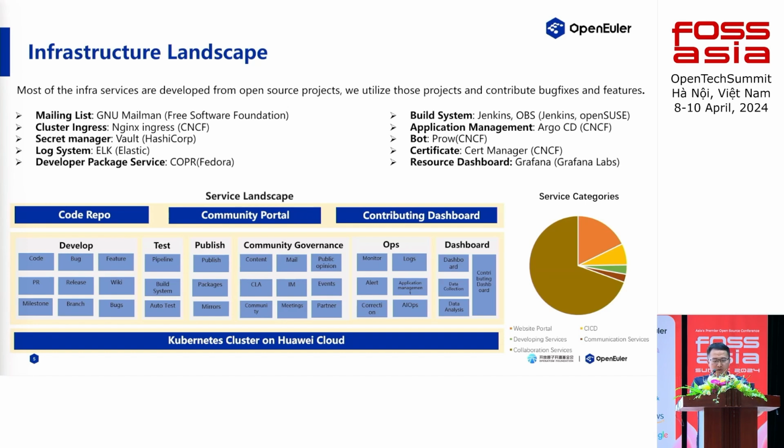Argo CD is also used to centralize our applications, the changes, and code into our production environment. We also use Vault from HashiCorp as our sensitive data backend, as well as Copr. Copr is from Fedora, and we have enhanced Copr in several ways to make it run better in a Kubernetes cluster. Lots of projects.